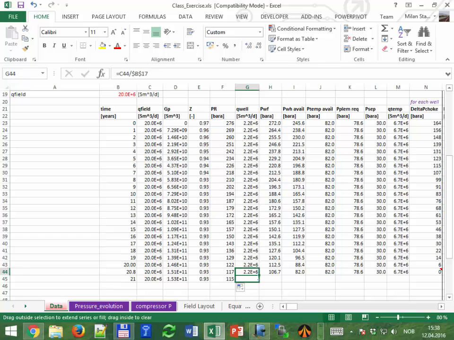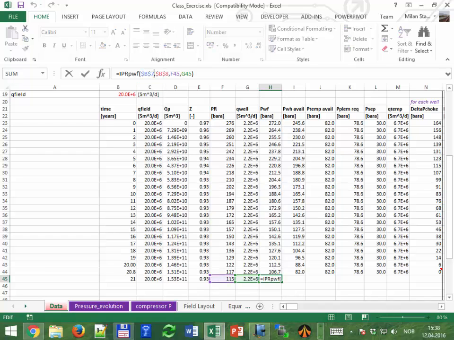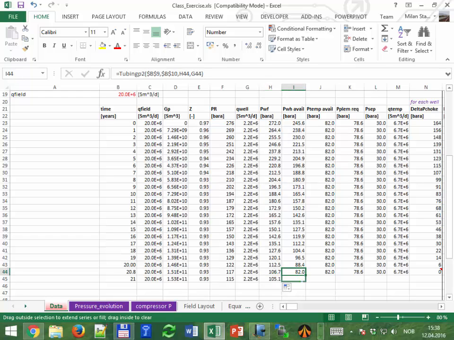Okay, Q per well. Okay, so first we calculate flowing bottom hole pressure with that rate and reservoir pressure and the IPR. That's okay. Then we calculate PWH, and this won't be available anymore, but that will be just a unique wellhead pressure.